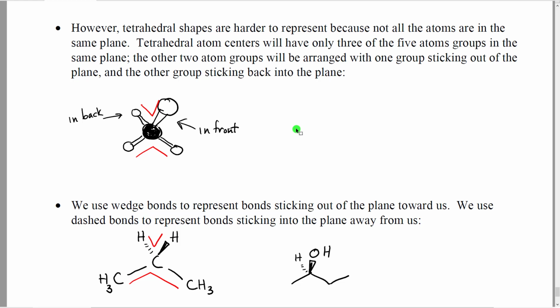So what we do is we just put a very slight imaginary twist into that V so that the two atoms are offset a little bit and we could see both atoms. The twist is arbitrary. We could twist it one direction or the other direction and still be indicating the same atom in front and in back.